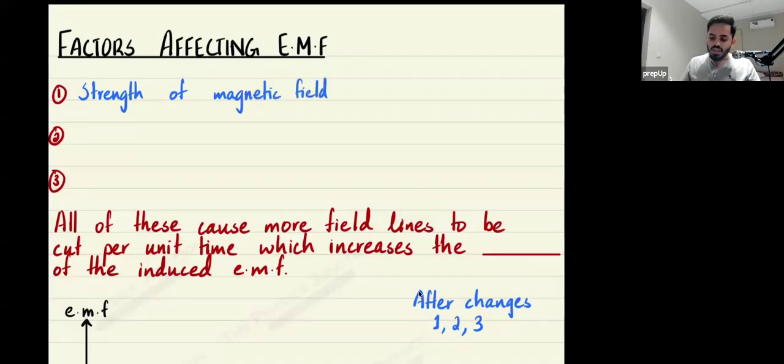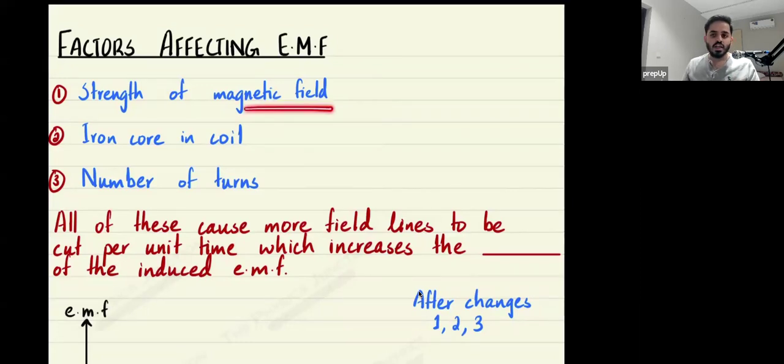Similarly, for the induced EMF: the strength of the magnetic field, the iron core in the coil, or for that matter, the number of turns. You can see that all of these would basically cause more field lines to be cut per unit time, because if I, for example, increase the magnetic field strength, your field lines would be more concentrated.